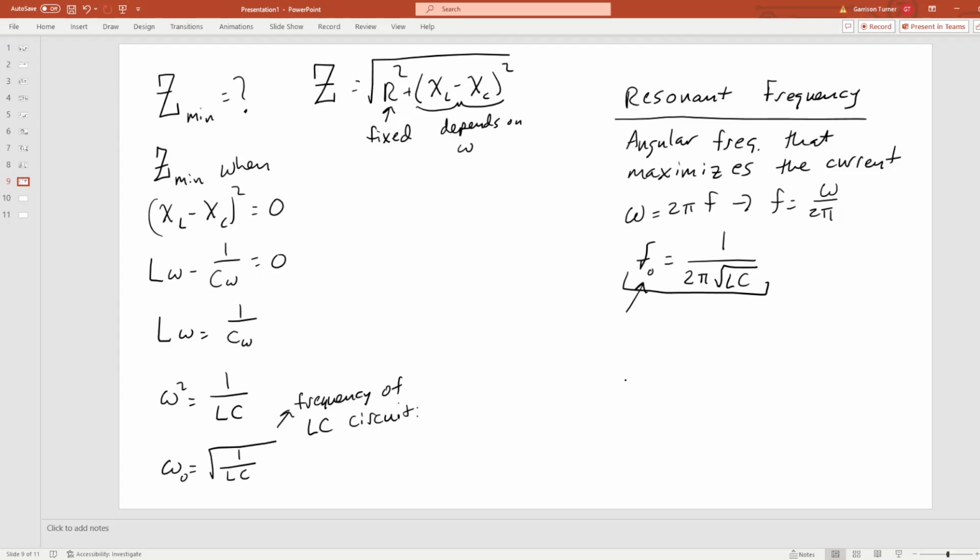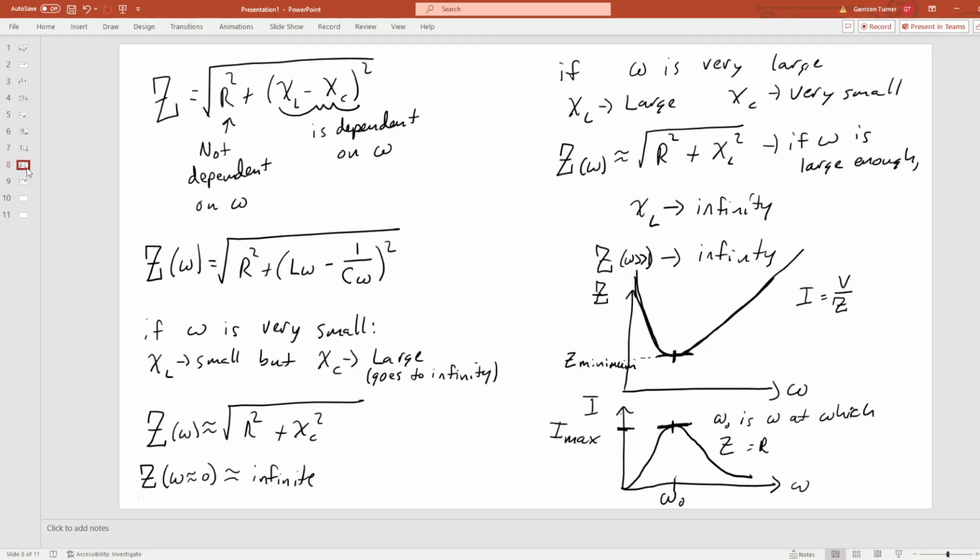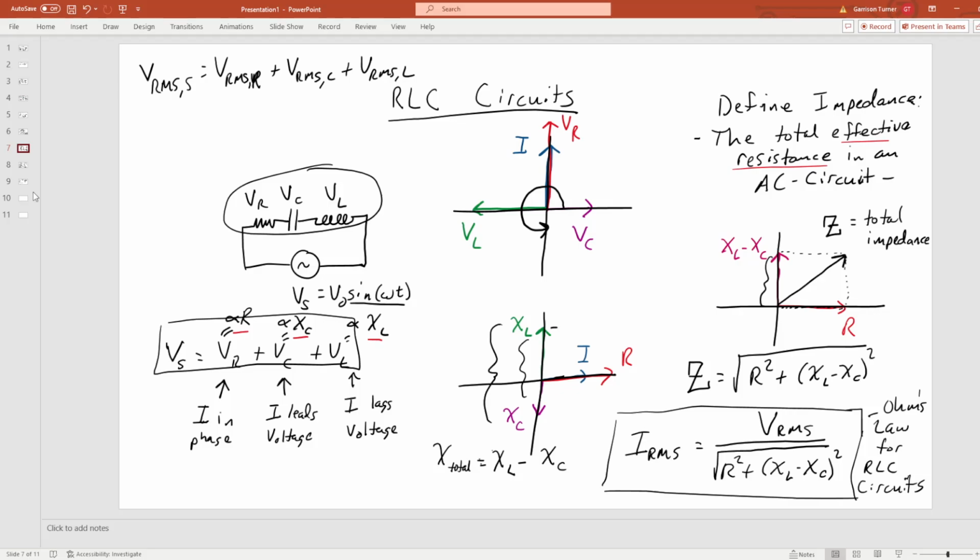So with that in mind, you now have the way to calculate your RMS current, and you can calculate what the resonant frequency is when these reactances cancel out. Now, there's one last thing to note, and that is what we call the phase angle.